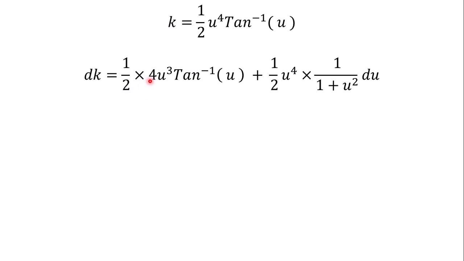Okay, so now here, let's see what we can do. These two will go here 2, so this one will cancel out. It will give us what? 2. And then when you come here, I think it gives us u raised to the power 4 divided by 1 plus what? u squared du.